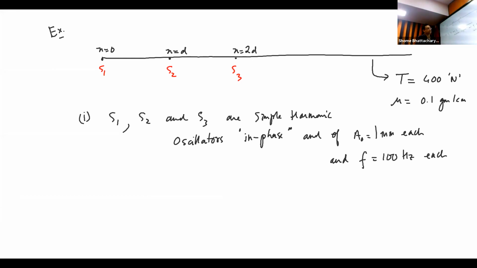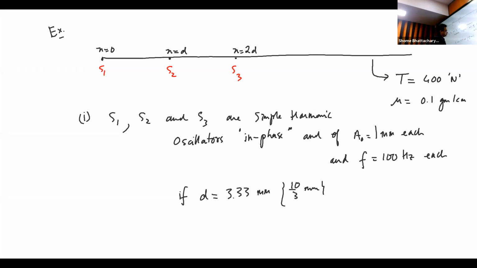Okay. So in the first part, if this distance d between any pair of them is given to us as 3.33 millimeters, basically 10 by 3 millimeters. Okay.